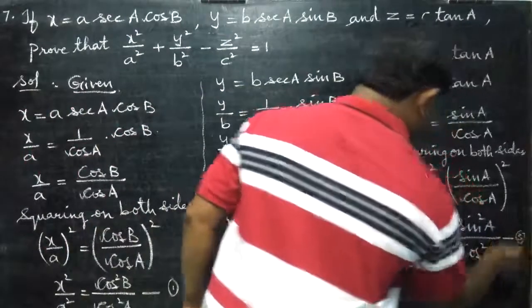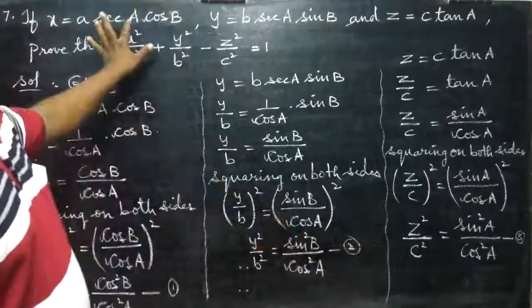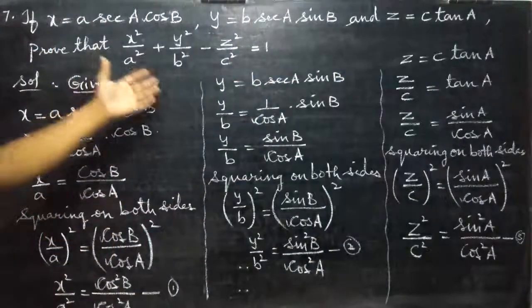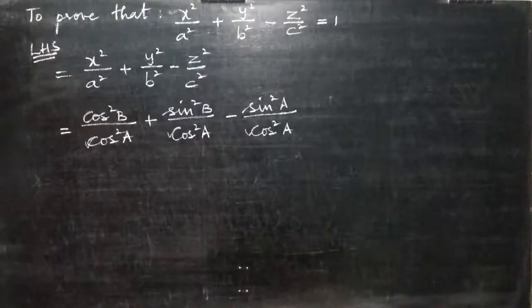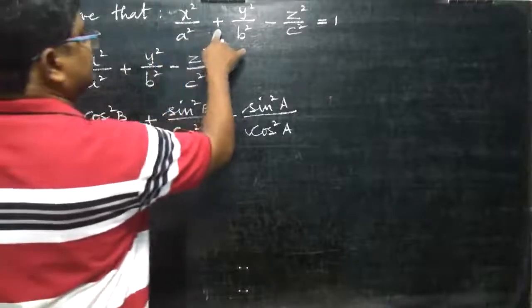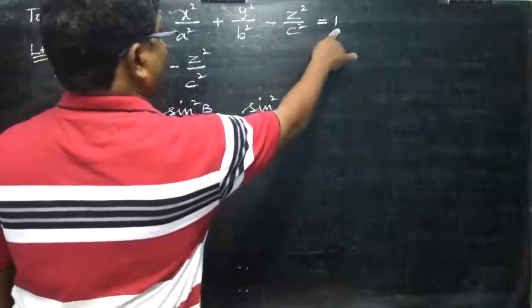Three steps we have done: first step, second step, third step. Three equations they have given, three we have simplified. Now we will combine. In the problem they told us to prove that x square by a square plus y square by b square minus z square by c square is equal to 1.